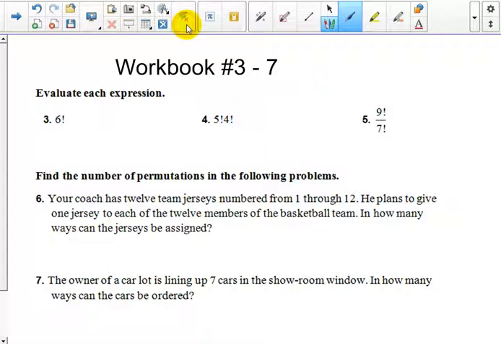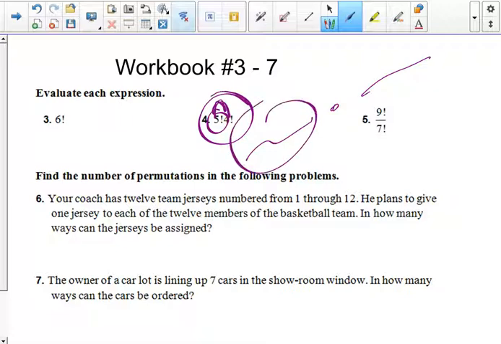So when doing these multiplications, don't combine. All right, so type it in exactly as you see it, or do one at a time. Like do your 5 factorial, whatever that is, and multiply against the 4 factorial, or you can put them both together. Okay?